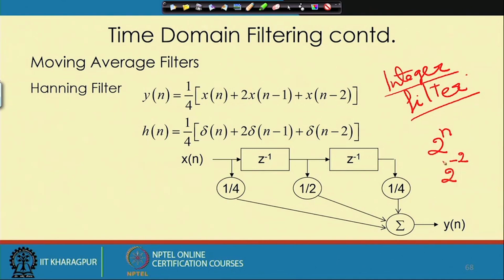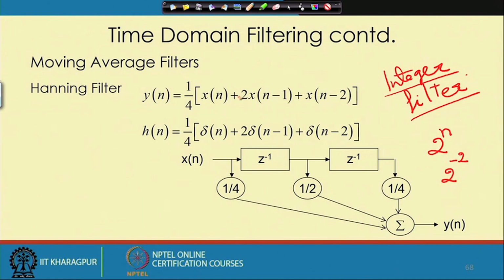In the same way, if we choose more carefully, the multiplication coefficients we have are also powers of 2. So, for the first 2 cases, x n and x n minus 2 multiplied with 1, we need not do any multiplication.